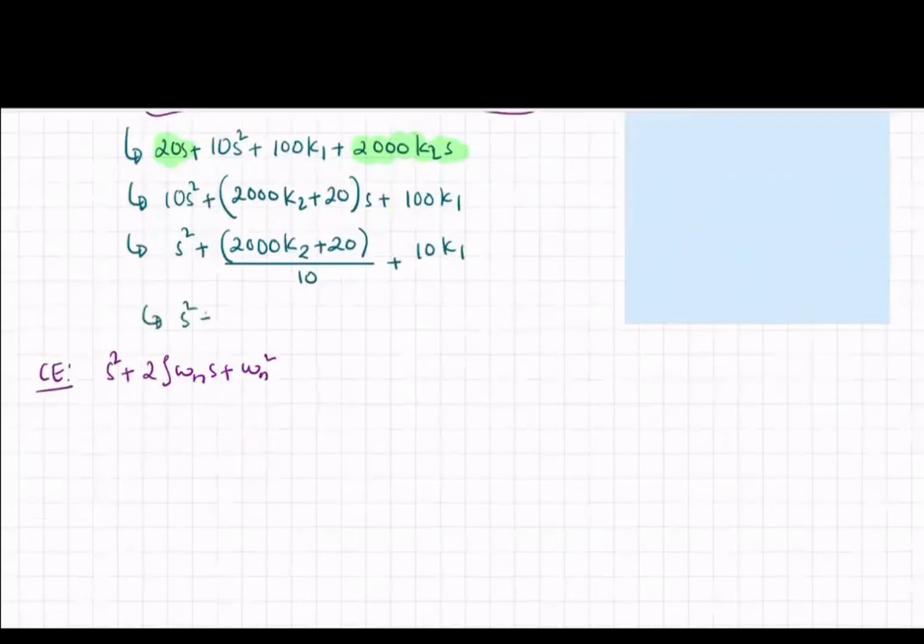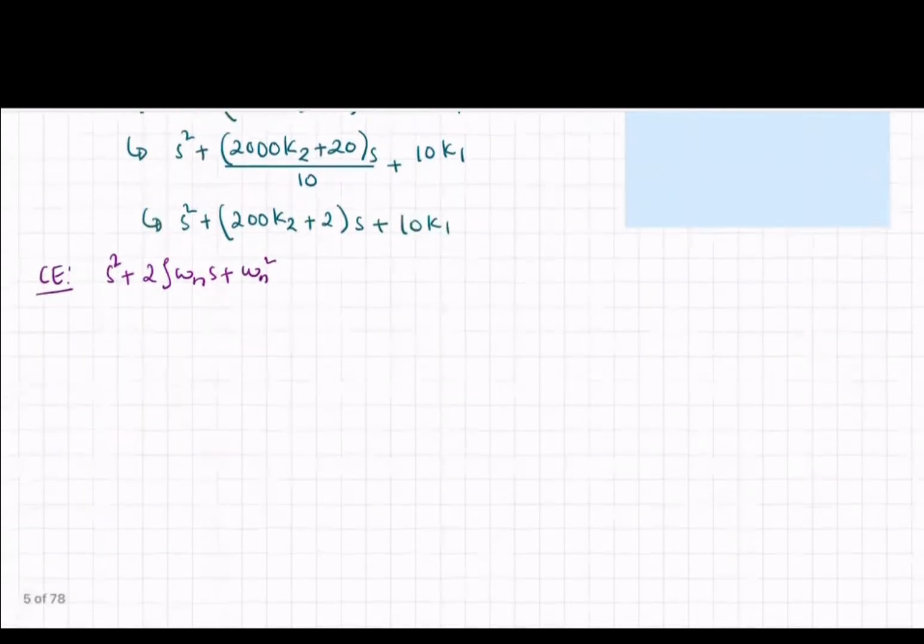So s squared plus, 2000 divided by 10 is not 1000, so this is 200 k2, plus 20 divided by 10 is 2, right? 2, and s plus 10 k1.